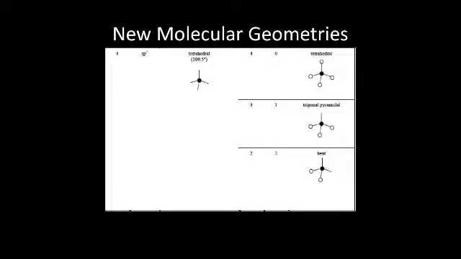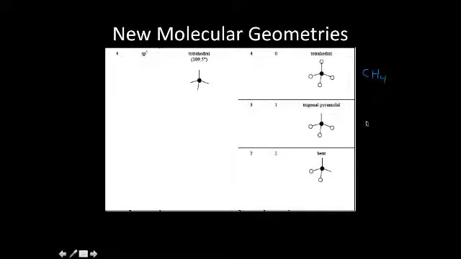We can talk about the tetrahedral electron geometry, and that gives us these different molecular geometries. We've got tetrahedral, which again would be something like methane, CH4.